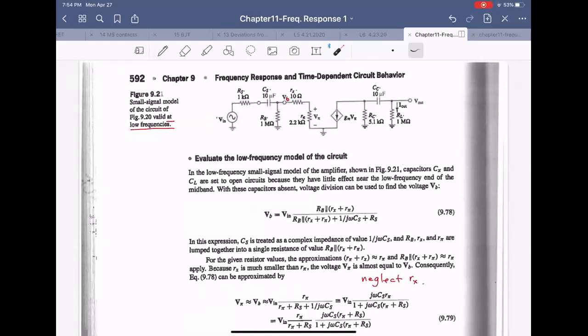So in the numerator is maybe R pi. In the parallel case, we can ignore the big one. This is gone. So we'll have R pi, and here is R pi.